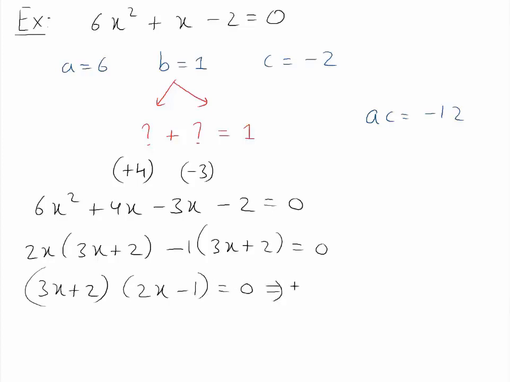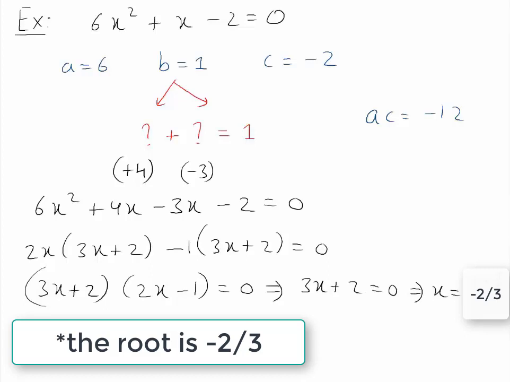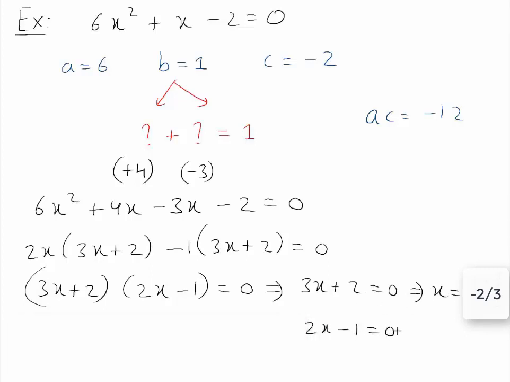So this implies either 3x plus 2 equals 0, or x equals minus 3 by 2, or 2x minus 1 equals 0, that is x equals half. So roots of the given equation are x equals minus 3 by 2 comma half. So if you want, you can check both these values will satisfy the given equation.